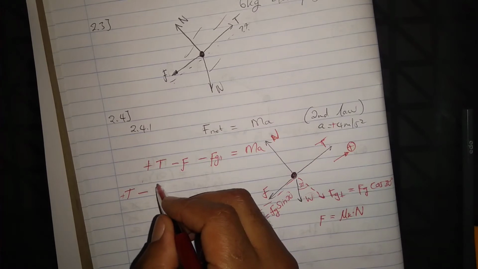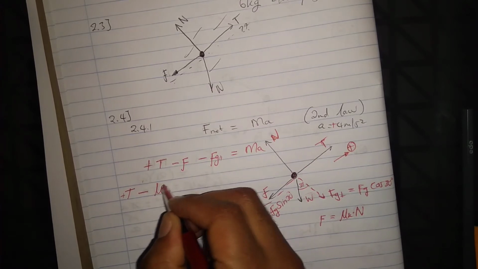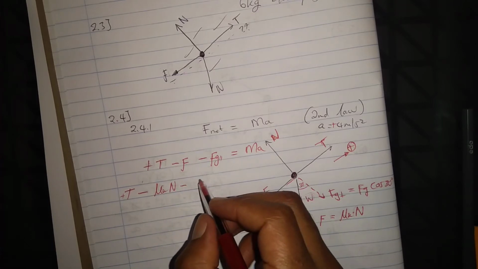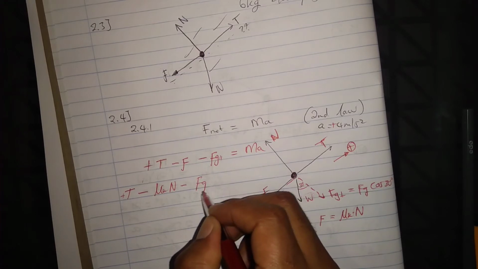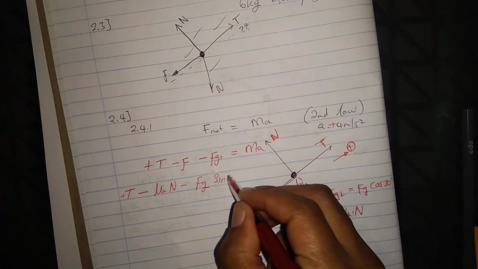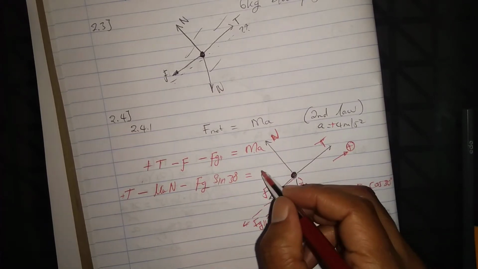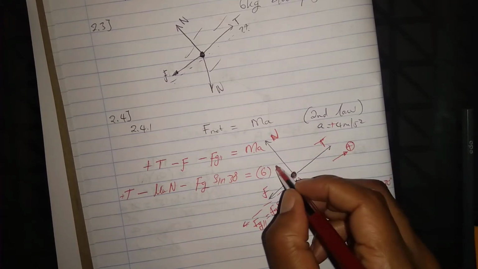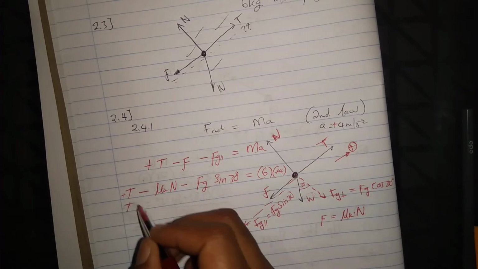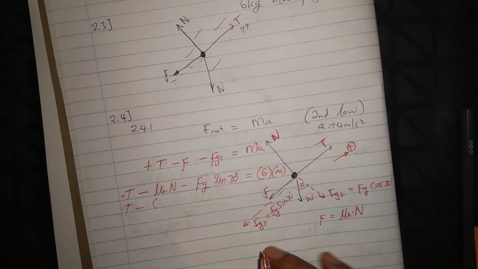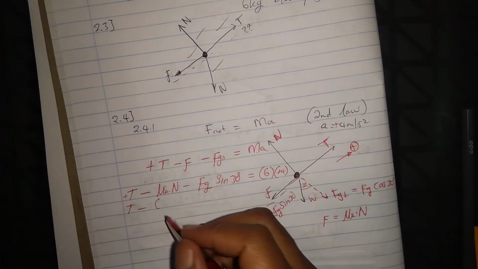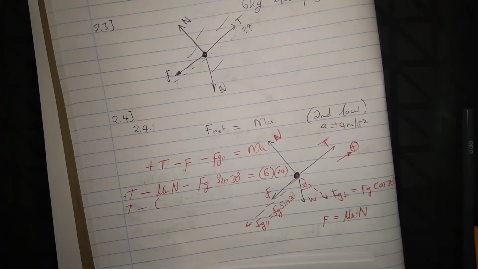So therefore, T plus mu k times normal force minus Fg parallel, which is Fg sine 30 degrees, is equal to the mass, 6, times the acceleration, positive 4. Now I substitute to calculate the tension. Mu for the 6 kg block is 0.2, because we are talking about the 6 kg block in this question.